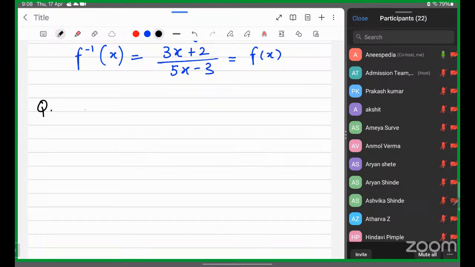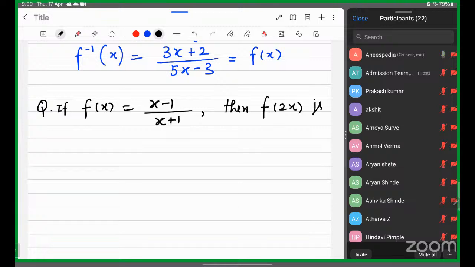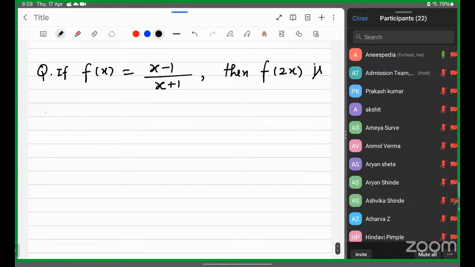Next question is, if f of x is x minus 1 upon x plus 1, then find f of 2x. Options are, option A is f of x plus 1 upon f of x plus 3.